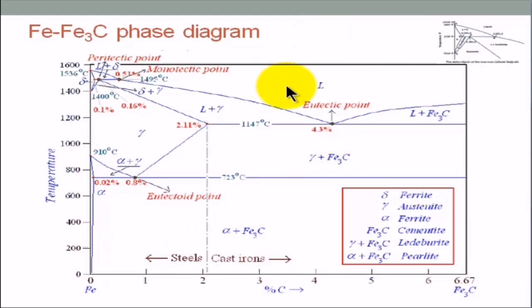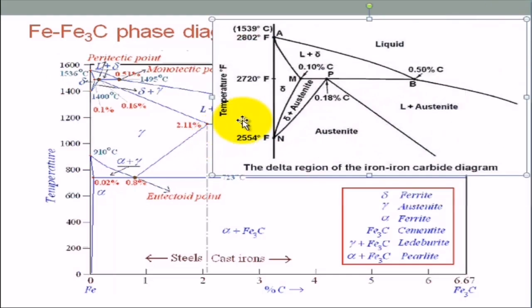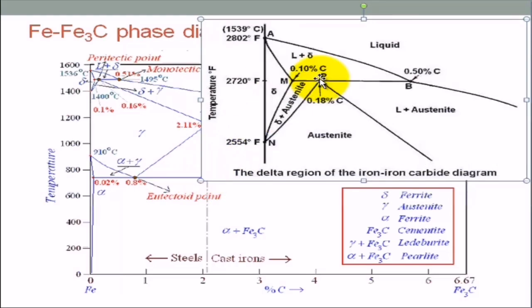And I would like to explain in more detail one portion of the diagram. Let me enlarge it like this, so you can see more. This is an enlarged view of the portion of the diagram in the upper left hand corner. This portion is known as the delta region because of the solid solution structure, that means the BCC structure.